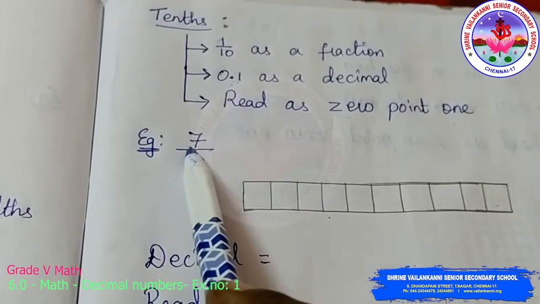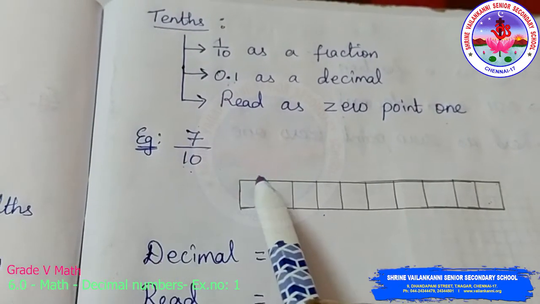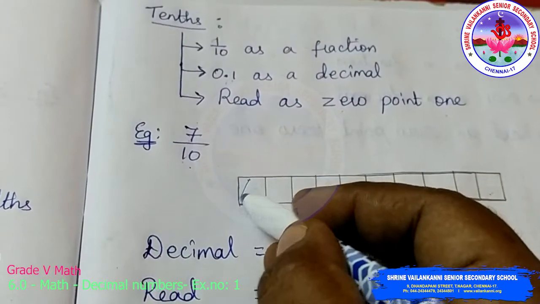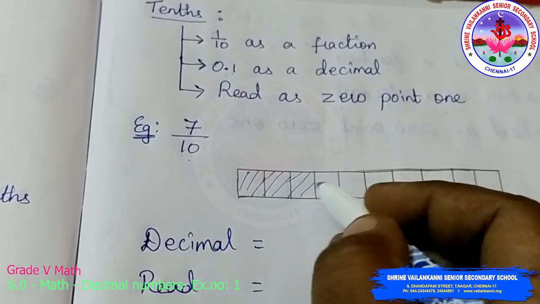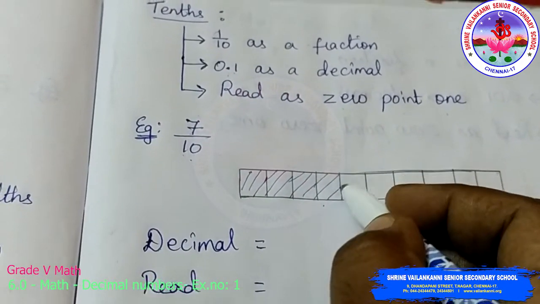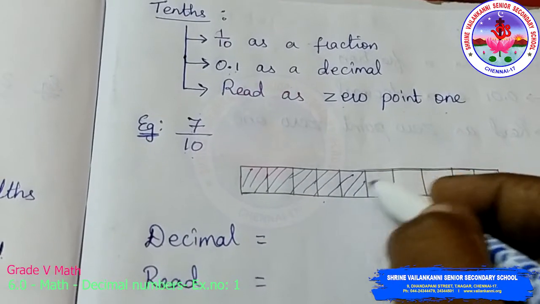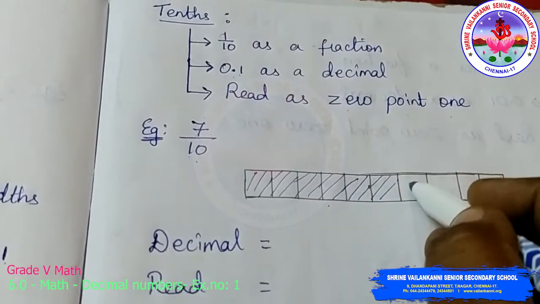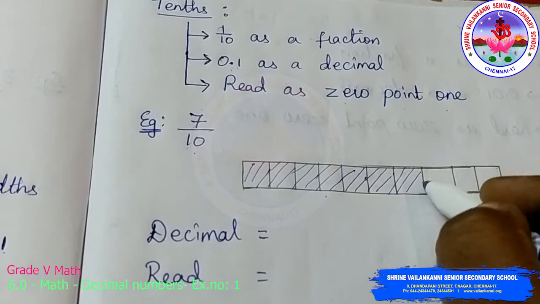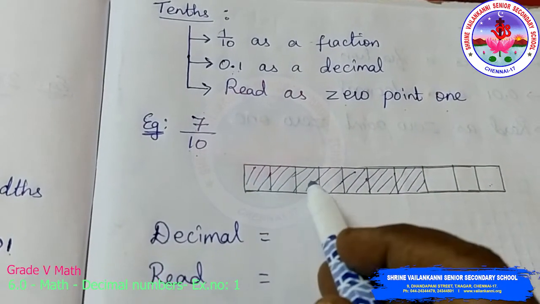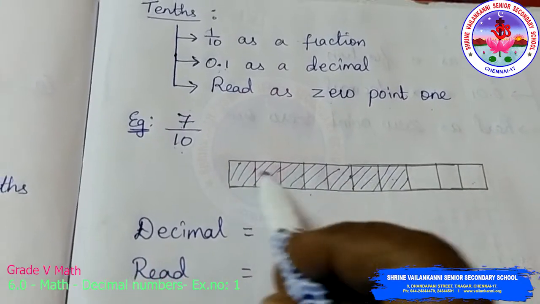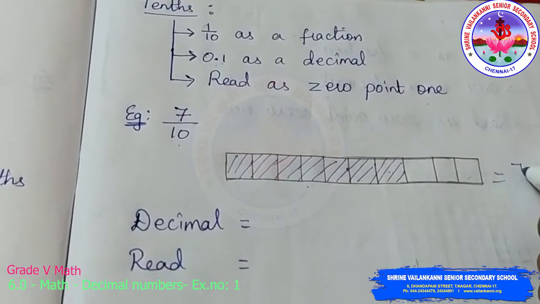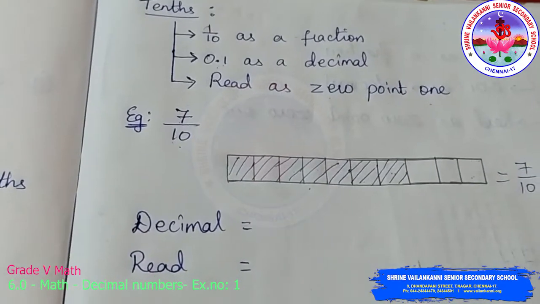Now this numerator 7 I am going to shade. 1, 2, 3, 4, 5, 6, 7. So 7 parts I have shaded.